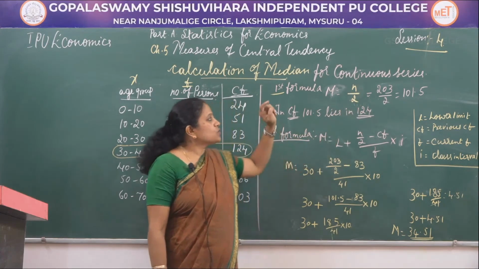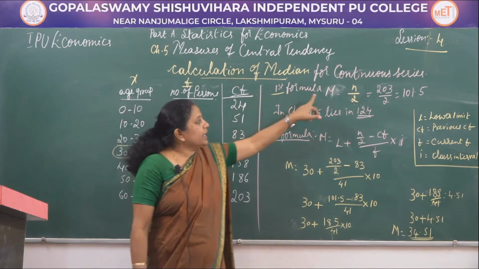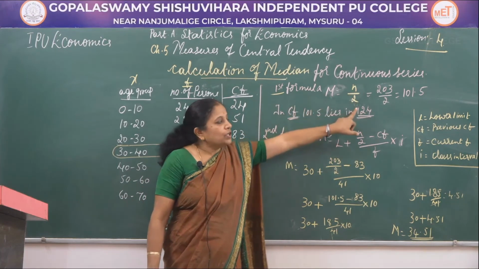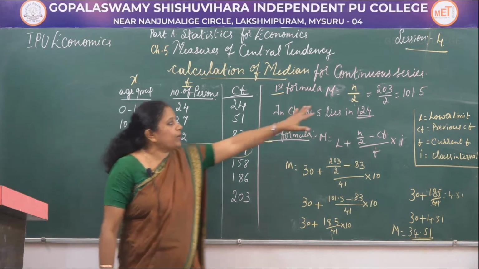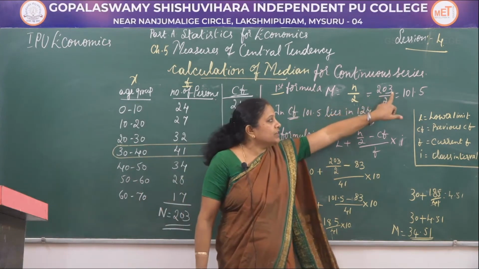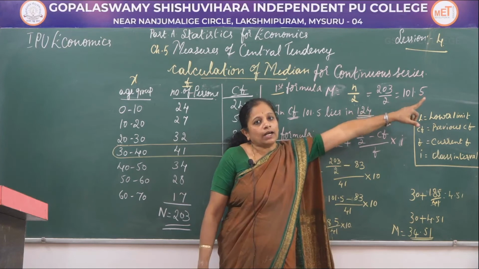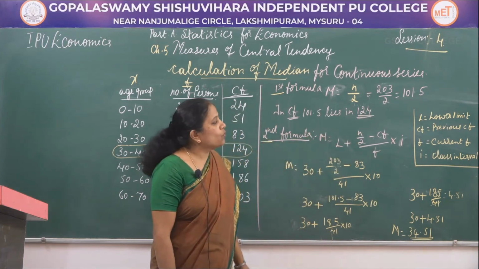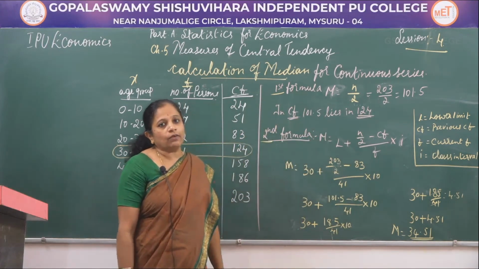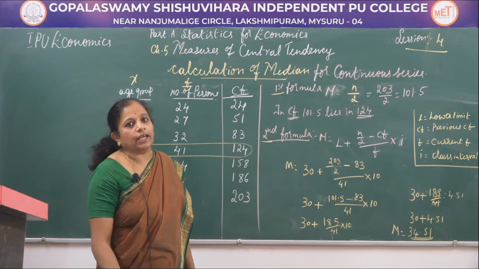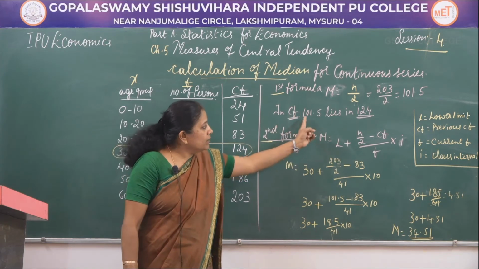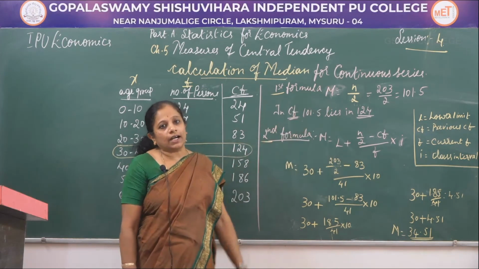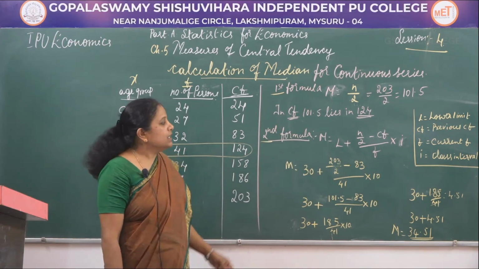So in this formula, m equals n by 2, that is the n value 203 divided by 2. So 203 divided by 2 is 101.5. So we obtain 101.5 by dividing the n value by 2. Next, in the cumulative frequency, where does this 101.5 lie?